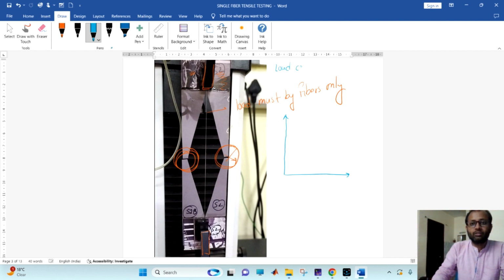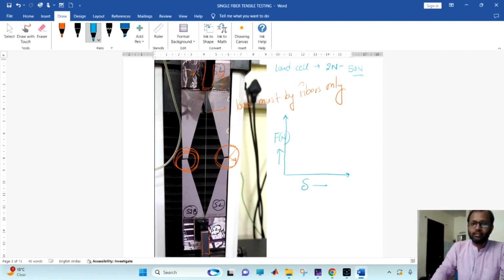Generally we use a load cell from 2 Newton to 20 Newton. 25 Newtons maximum, I can go up to a 50 Newton load cell, so that the accuracy will be good.